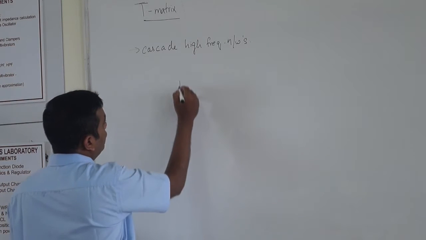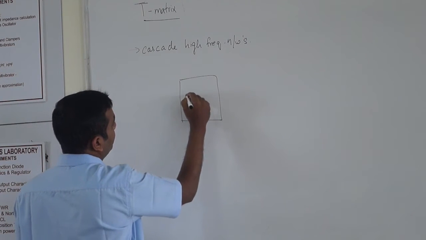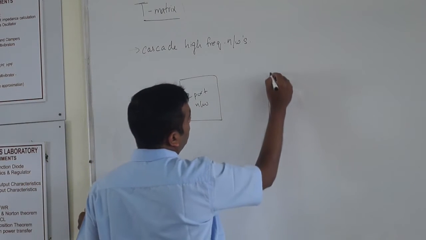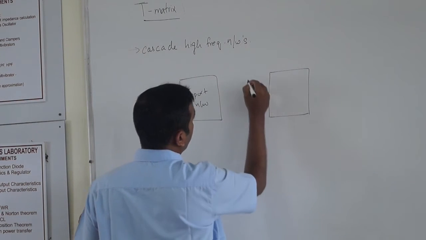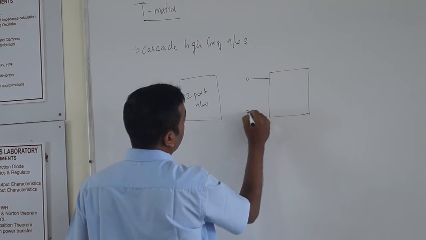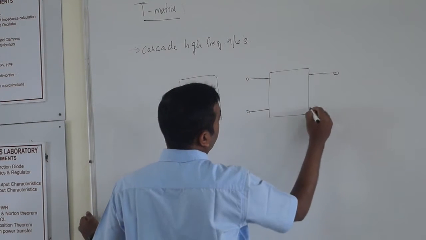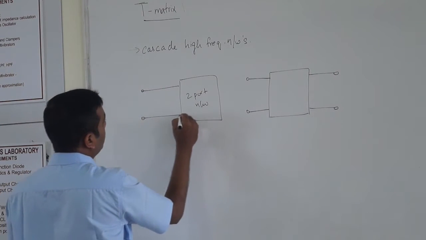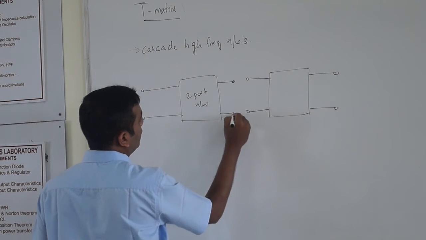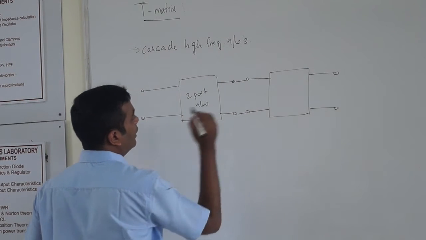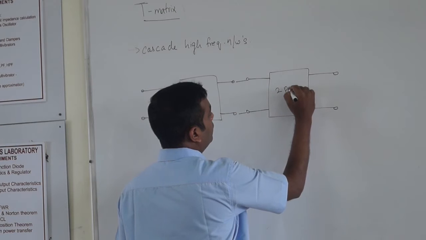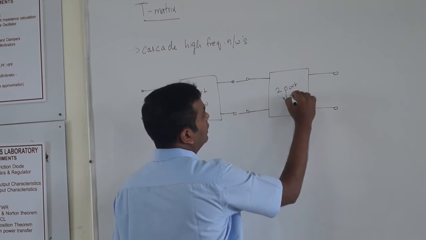Suppose I have a two-port network like this and another two-port network like this, and you want to cascade both these networks. In this condition, you will use a T matrix.